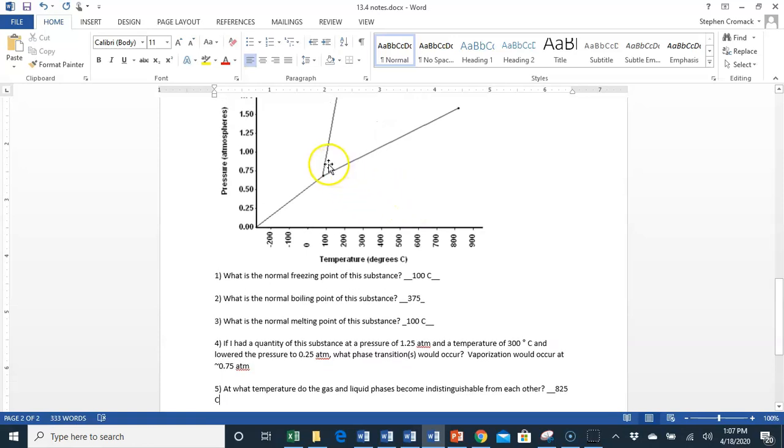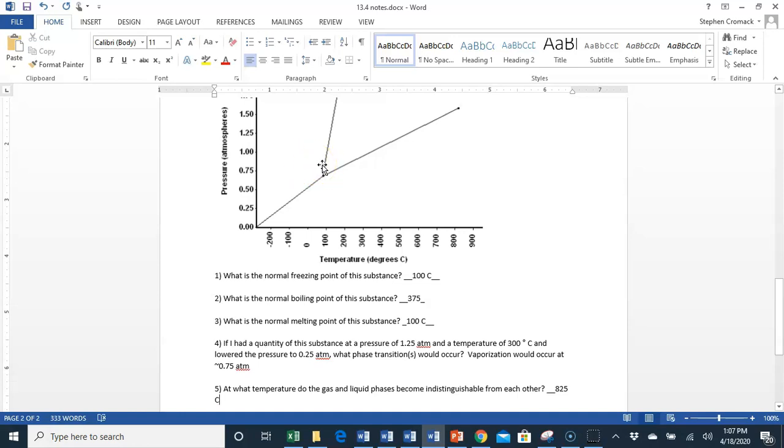So if we take a look here, we're starting at 0.75 and 100. That actually puts us right on this line here. So if we are increasing the temperature, we're actually going across two lines.